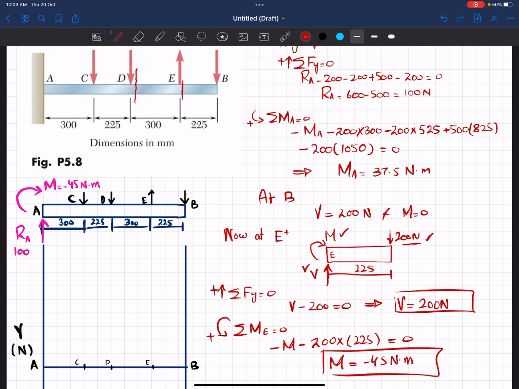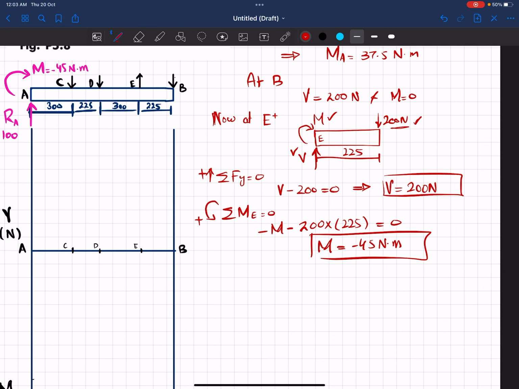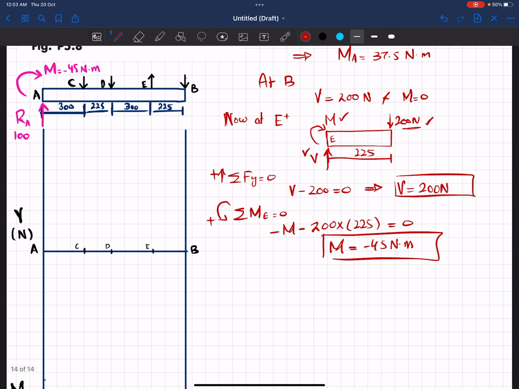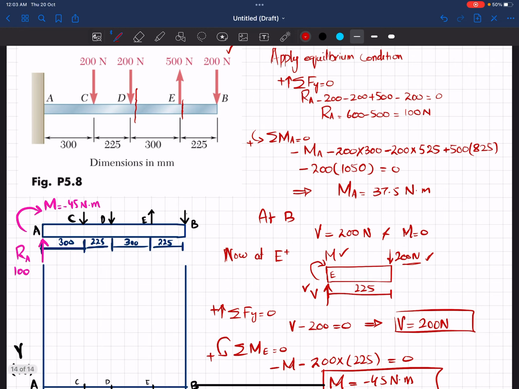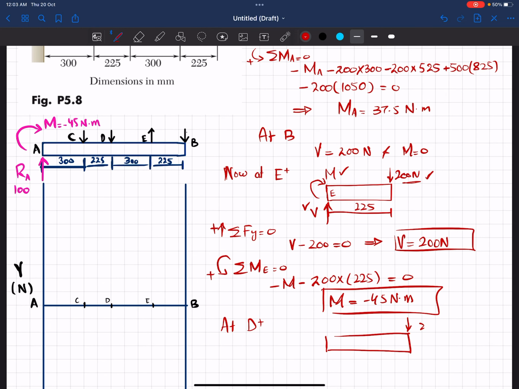Now we'll section the beam at D plus. D plus means up to point D but not exactly at point D. So we have the diagram over here as well. At D plus, when you cut the beam, you have to draw the beam. This is point B, where a 200 Newton load is applied. At point E we have an upward 500 Newton load.